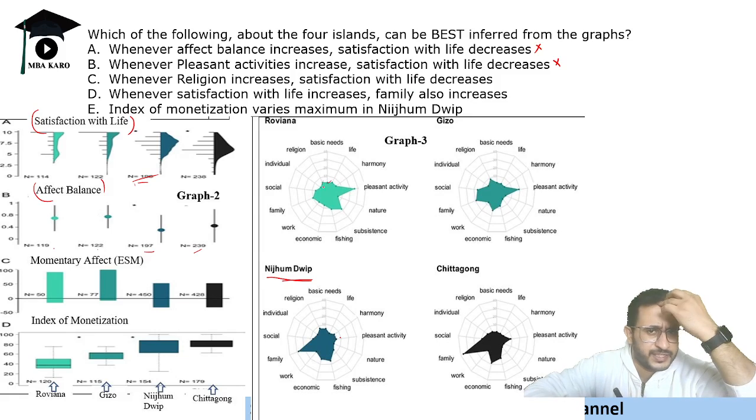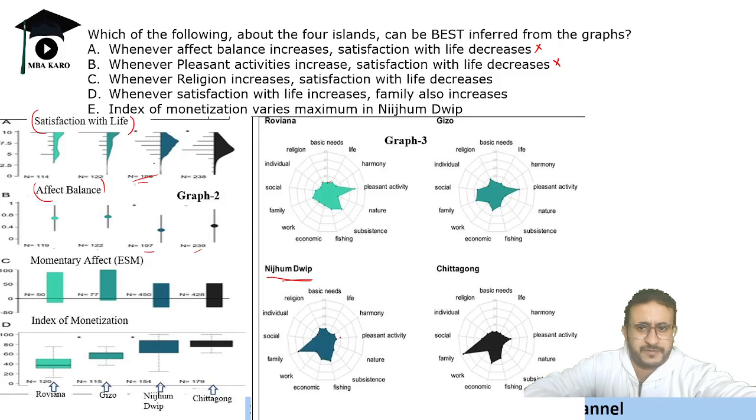In Gizo it has increased, but satisfaction has decreased. Here the religion is the same. If you go from G to N, the religion has decreased a bit, but life satisfaction has increased.